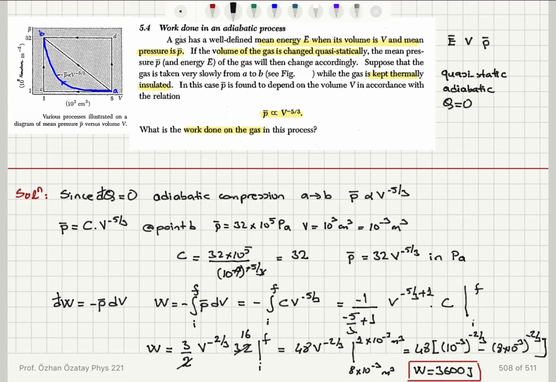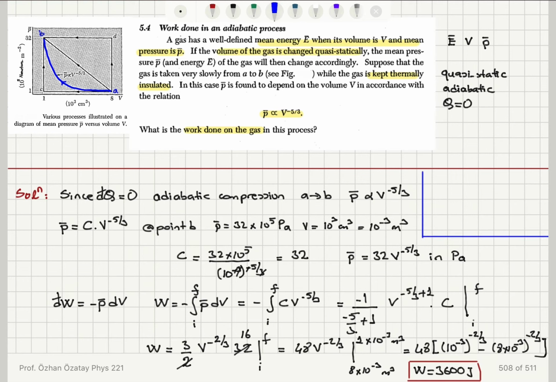So we have an adiabatic compression process going from point A to B. The volume is decreasing. The gas is kept thermally insulated. That's how I understand it's adiabatic. It's a quasi-static process, and P bar is proportional to V to the minus 5 over 3. Let me just remind you here from your thermodynamics class.